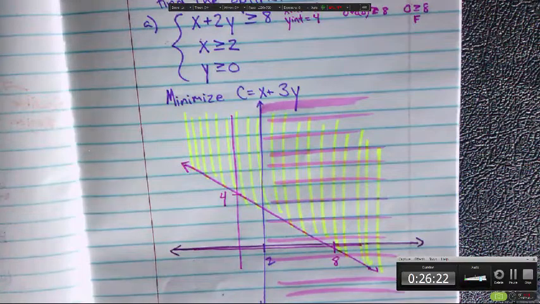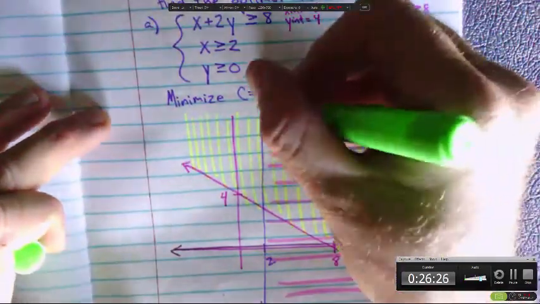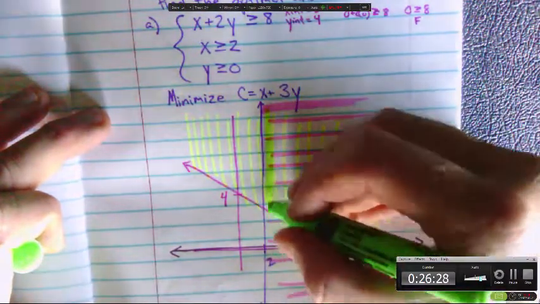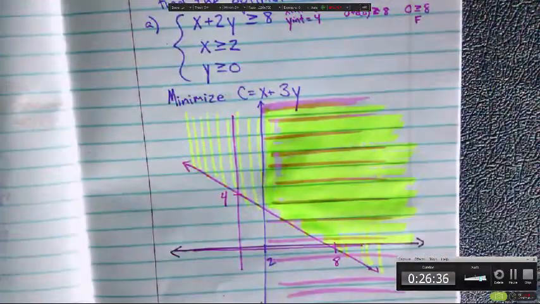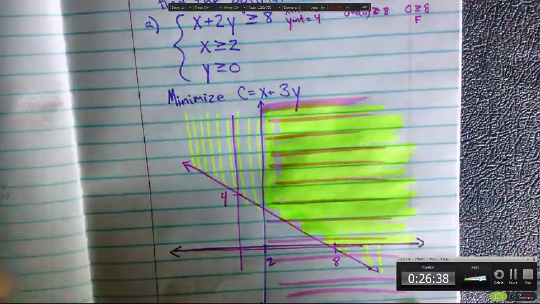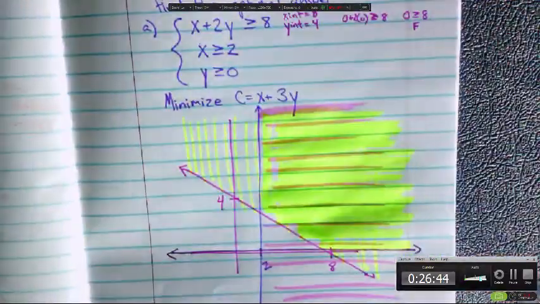Above. So our feasible region for this entire problem is this area. That's the only region where we're above this line, to the right of that line, and above y equals 0.